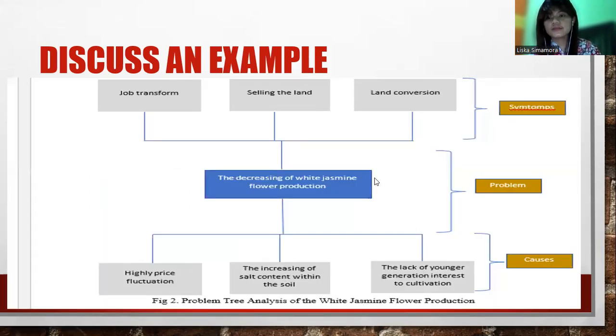And the next one is the whole problem tree. This one is the root, this one is the trunk, and this one is the effect. They finally transform their job, then they sell their land, and then they convert the crop from white jasmine flower into other crops.